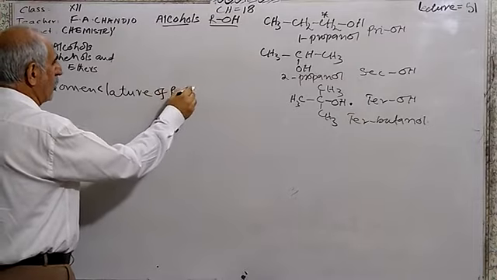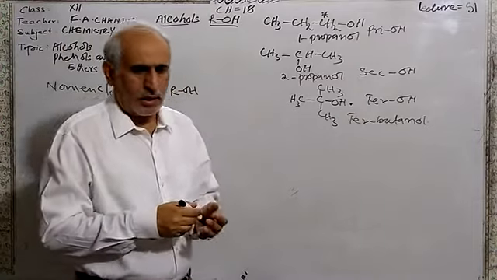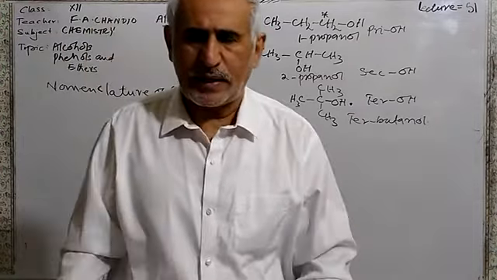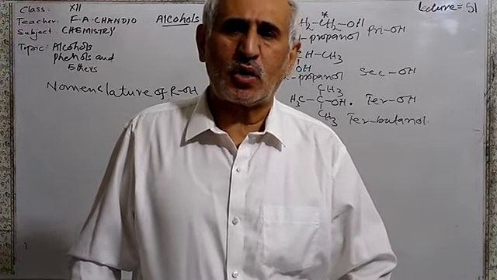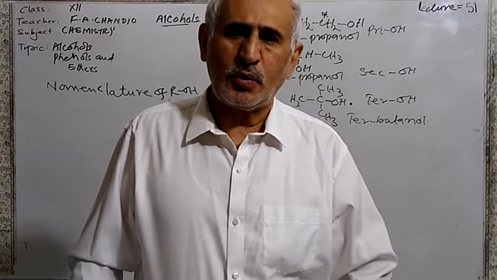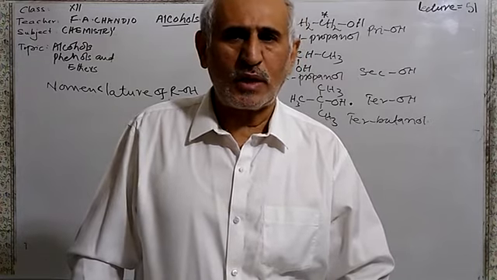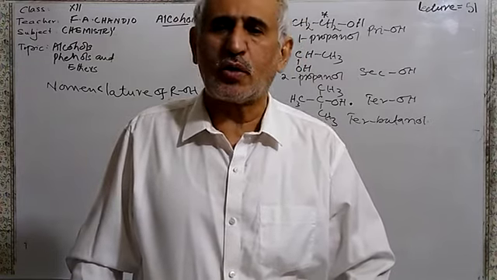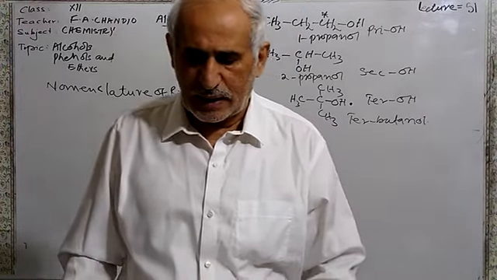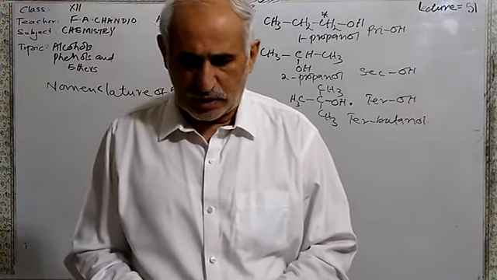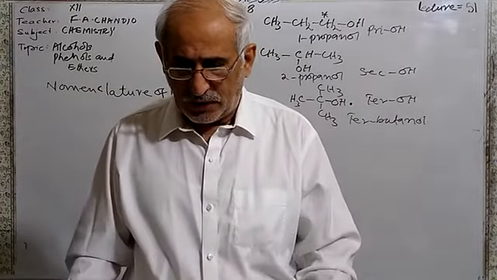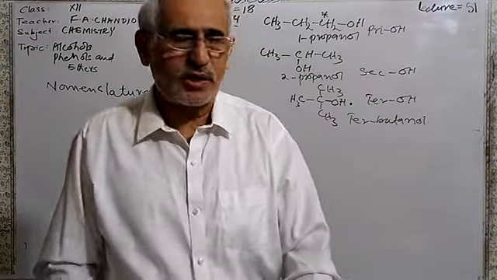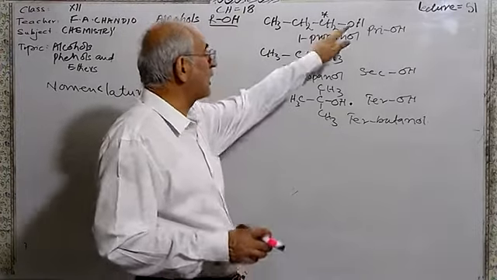There are two kinds of alcohols: monohydric alcohols, with one hydroxyl group, and polyhydric alcohols, where there are two or more hydroxyl groups. They are called polyhydric alcohols. So according to the IUPAC system, you take the longest chain of carbon atoms containing the hydroxyl group. That's why you have to say this longest chain.